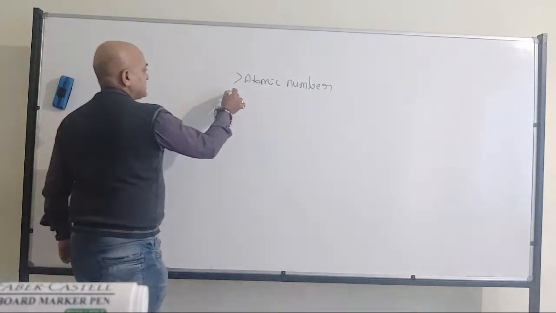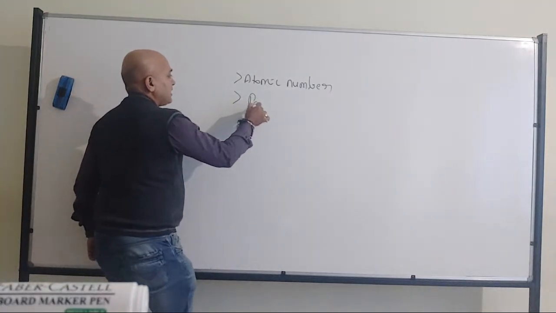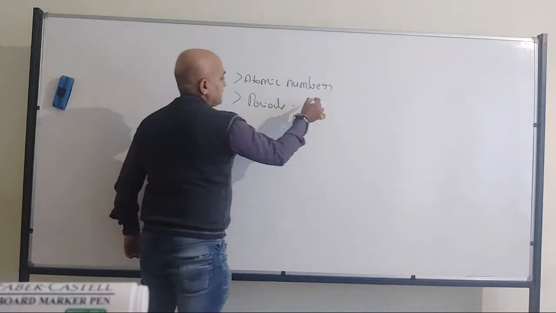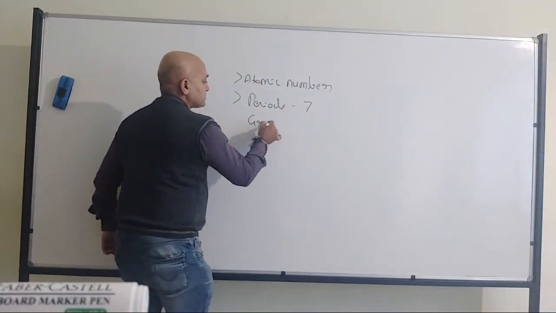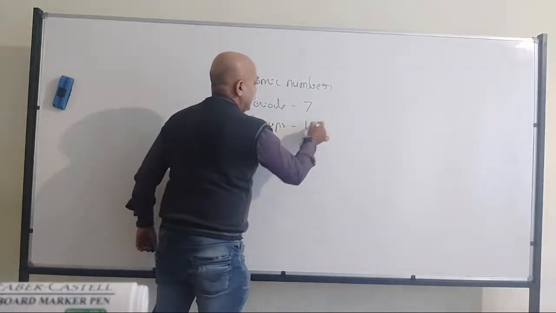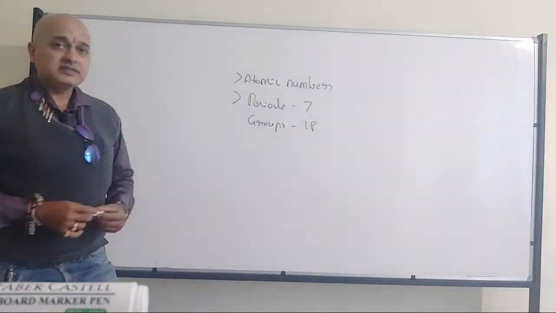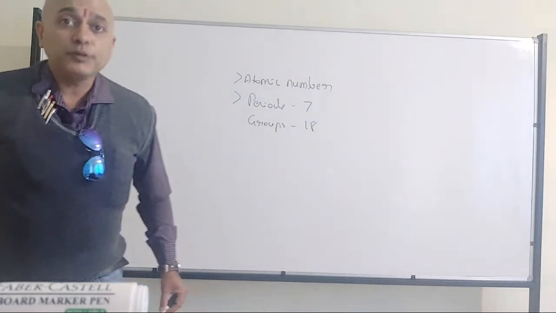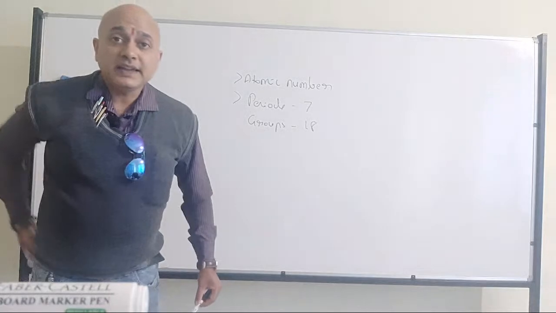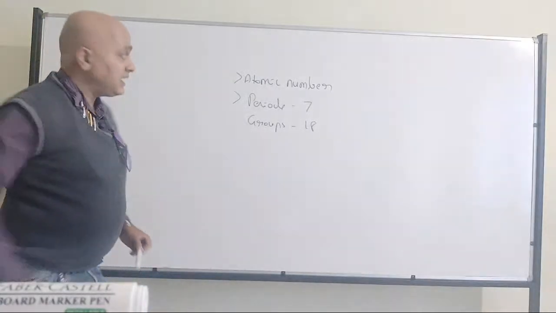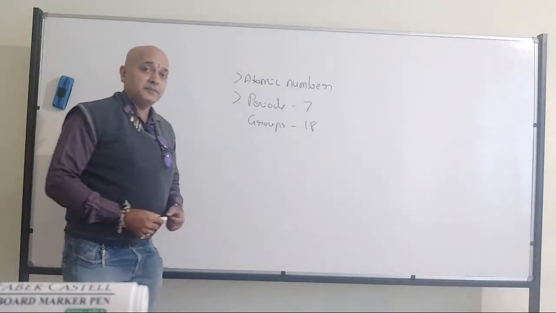Next point, there are periods, which are 7 in number, and there are groups, which are 18 in number. So how many periods are there? 7 periods. How many groups are there? 18 groups, right?